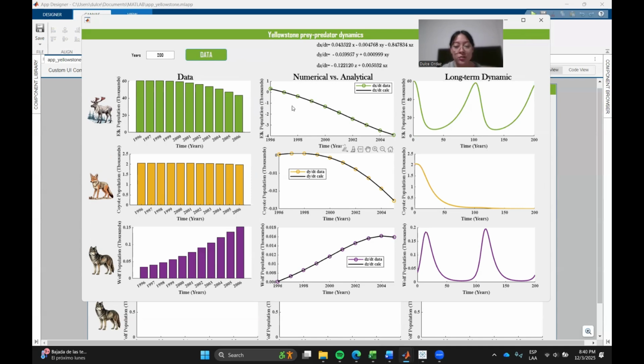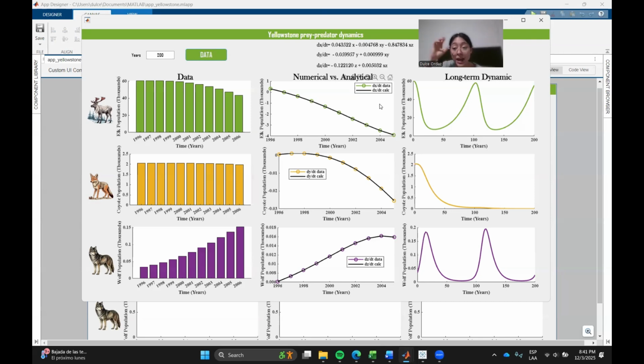For the analytical solution, that is this black line, it was created using the linear algebra that we developed during classes. The first matrix is the one of delta x1, delta x2, and so on, n times, where n equals 10, equal to the matrix of x, xy, and all the variables, times the matrix of coefficients a1, a2, a3, b1, b2, and c1 and c2.